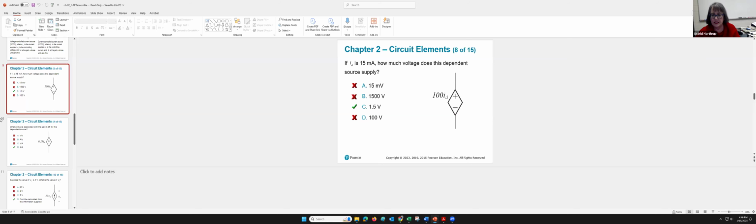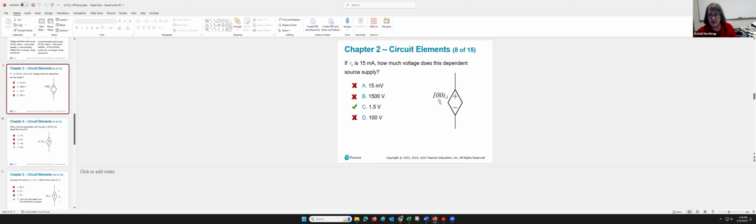Okay, so what we're really doing is setting up an equation that says V sub S is equal to 100 times I sub delta. Well, I sub delta is 15 times 10 to the minus third amps. And if you multiply that by 100, you get 15 times 10 to the negative 1, or 1.5 volts. So in other words, this is being controlled by amperage, and yet it is a voltage source.